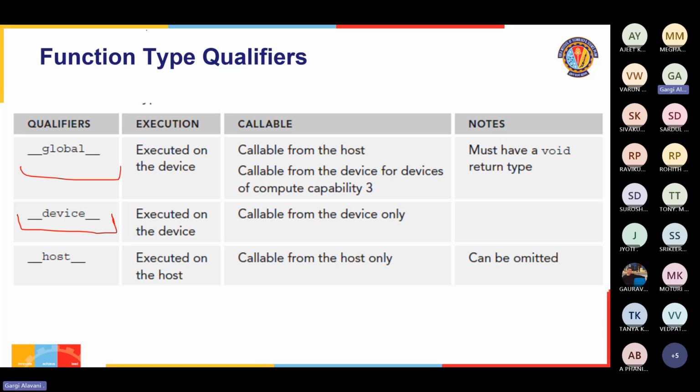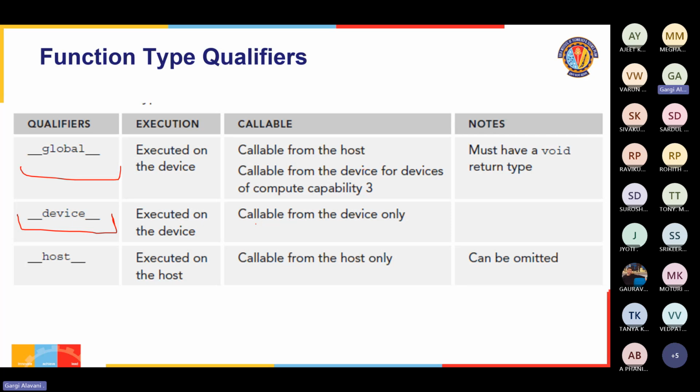Global functions can be called from your host, that is from your CPU, and you can also call them from the device. It must have a void return type. Device functions are executed on the GPU itself, but can be called only from the device, that is, only from the kernel function. A CPU function cannot call a device function.